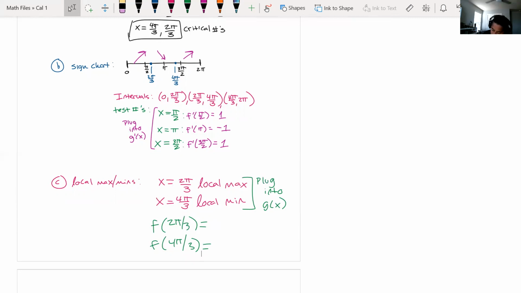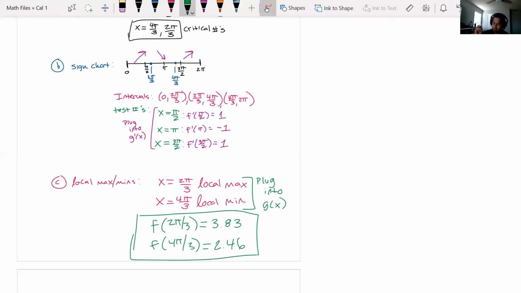Oh, yeah. Okay. Not that funky. I get 3.83. And then 4 pi over 3, I get 2.46. There we go. And these are where your maximums and minimums are located.